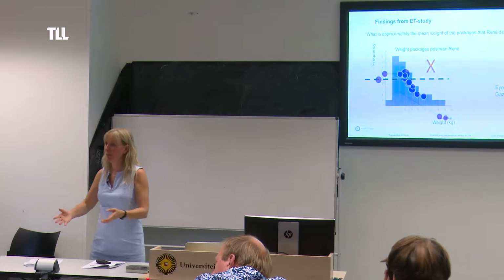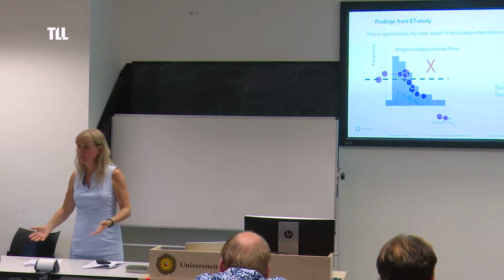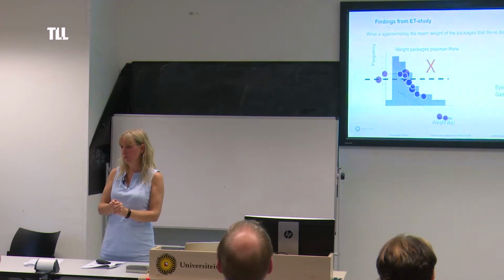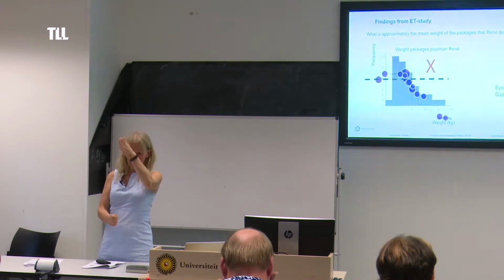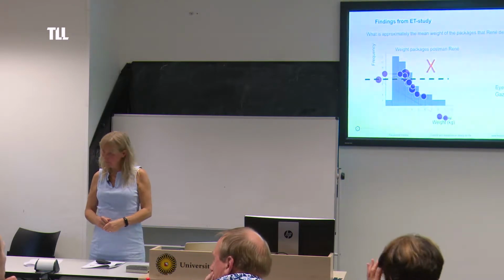And that was the second and the third task. And when you combine that, you get the mean, and that was the balancing task in the fourth task, where you have both the position and this mean line.